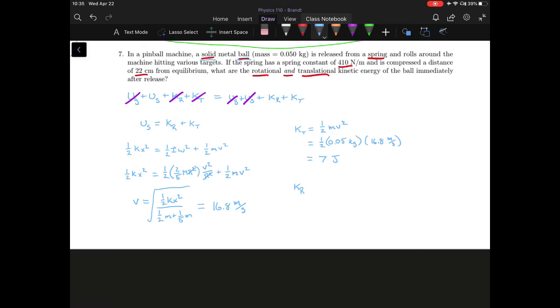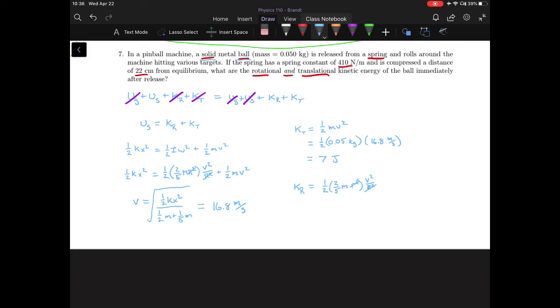And our rotational is 1/2 I, which we found earlier, which is just 2/5 mr squared times v squared over r squared.